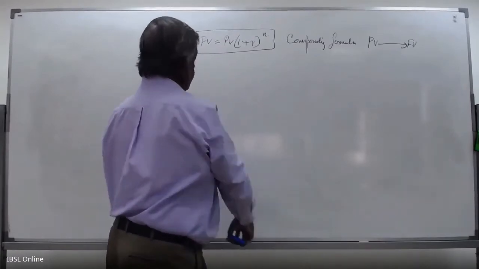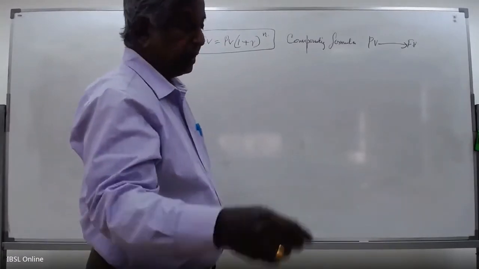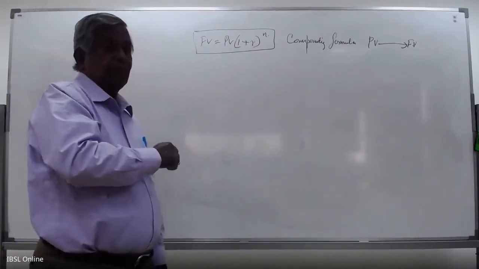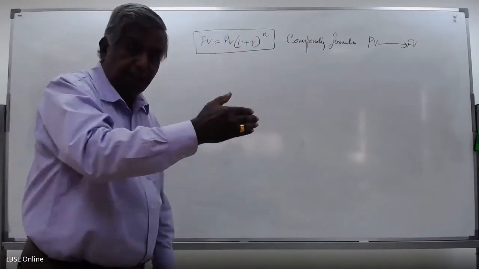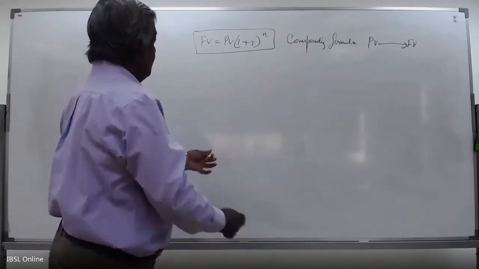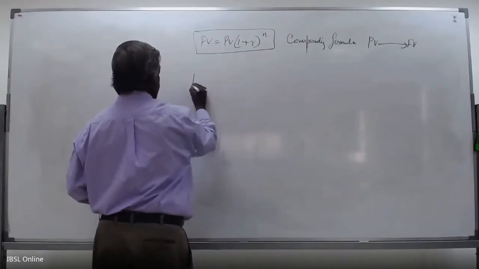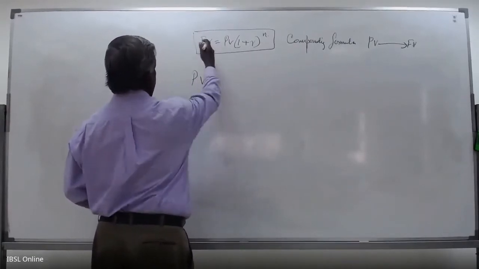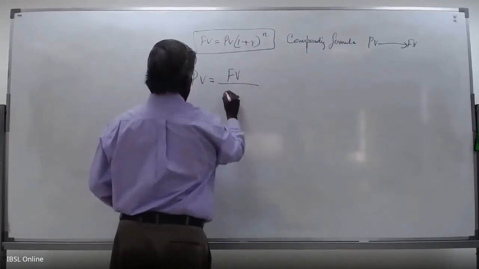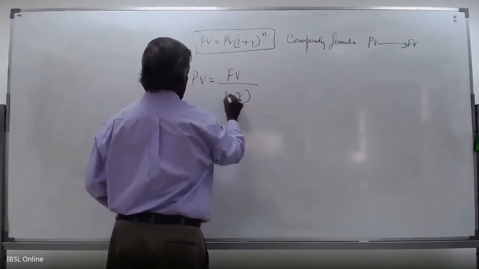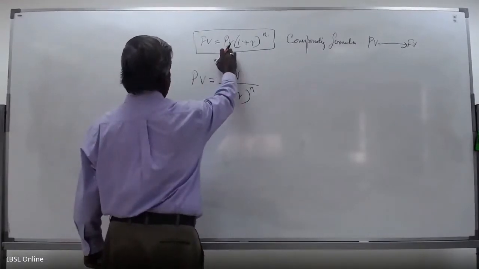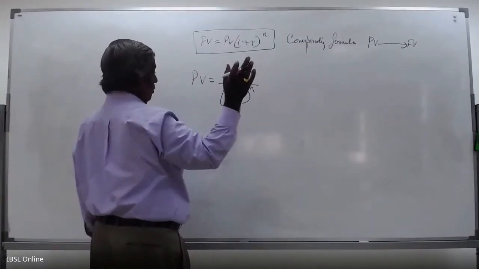So now what you have to do, from the future value, you have to calculate the present value. You have to convert the future value to the present value. So make PV as the capital. PV is equal to FV divided by 1 plus R to the power N. You have learned this simple mathematics in your lower grades.